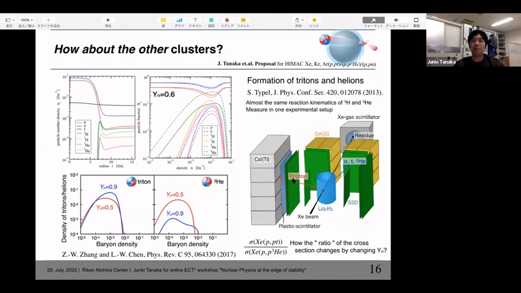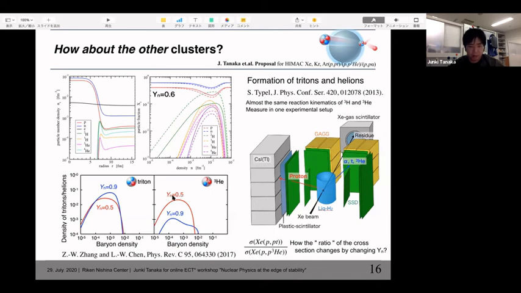We further plan to probe other clusters like helium-3 and triton in the nuclear surface. For example, this is the formation amplitude of triton and formation amplitude of helium-3, depending on the neutron fraction. The formations are different depending on the triton and helium-3.